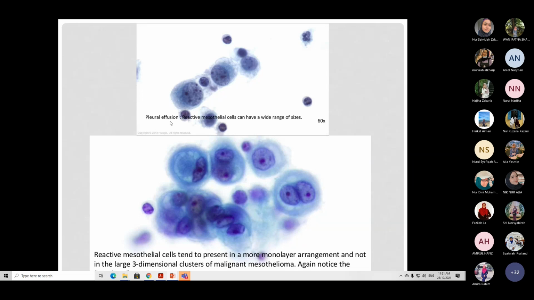So reactive mesothelial cells are variable in size, and tend to present in a more monolayer arrangement. Okay, monolayer. See, monolayer arrangement, and not in large 3D clusters. Later on you will see if it is malignant, it will form like a clump.